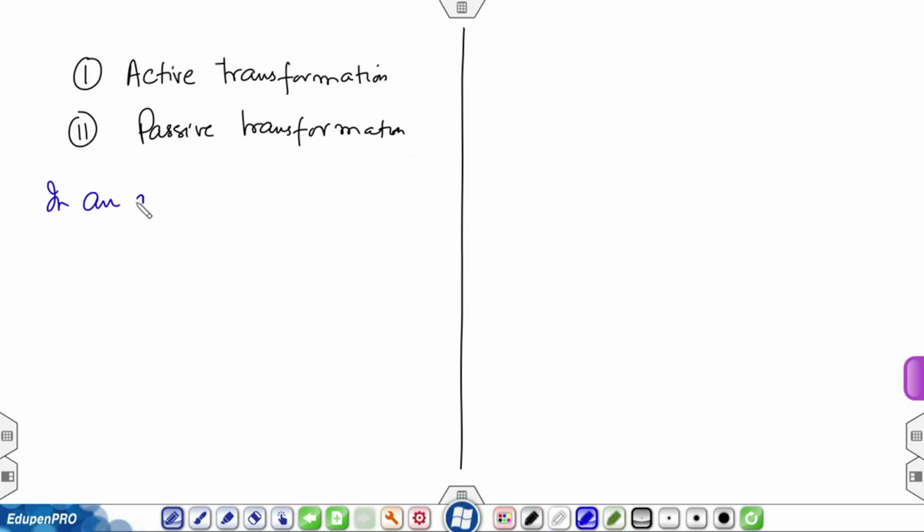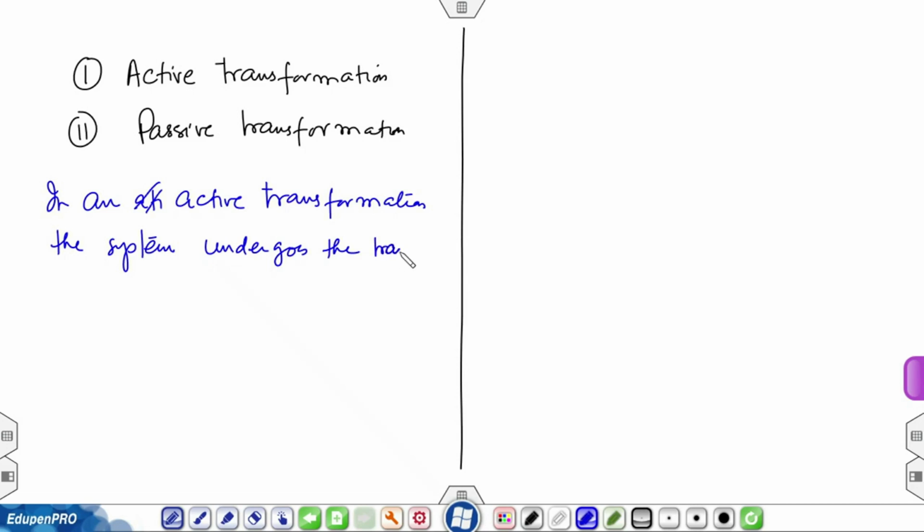In an active transformation, the system, that means if I have a ball, if I have a vector field, whatever, undergoes the transformation. When I talked about the reflection, for example, in that case, if I had a vector v, this will undergo transformation.